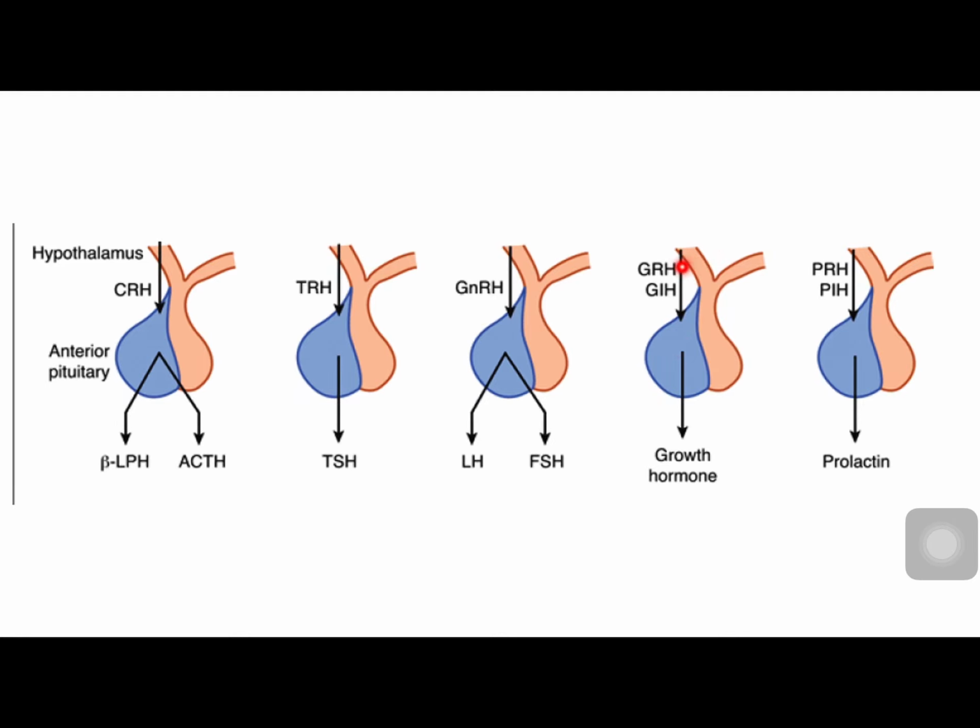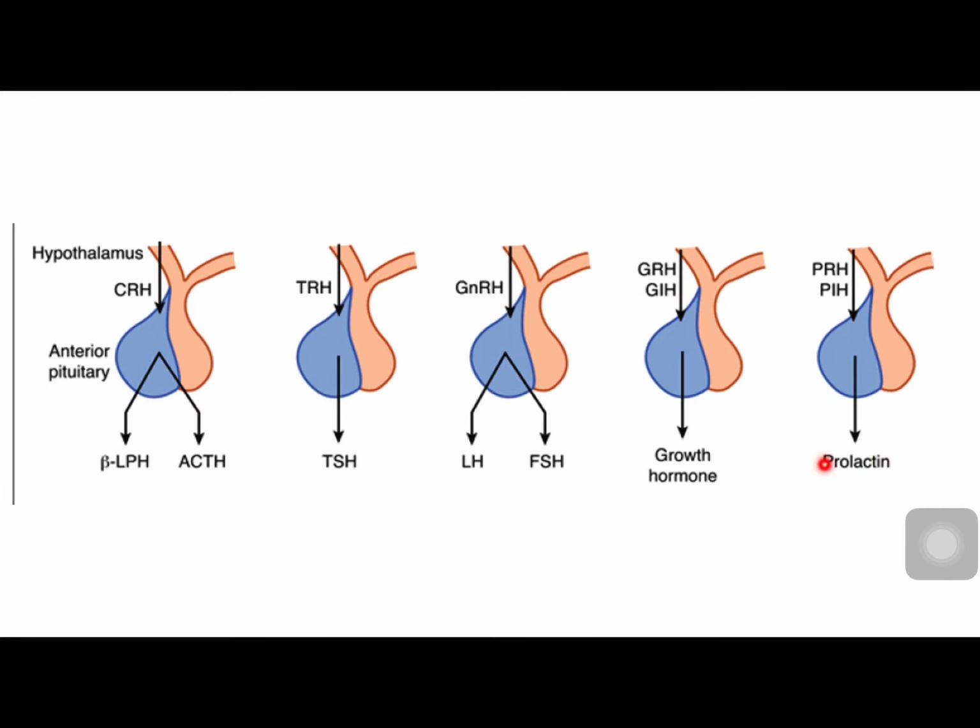Now there are two hormones which regulate growth hormone: growth hormone releasing hormone and growth hormone inhibitory hormone. Growth hormone inhibitory hormone is the other name for somatostatin. Growth hormone releasing hormone promotes the release of growth hormone from the anterior pituitary, whereas somatostatin inhibits it.